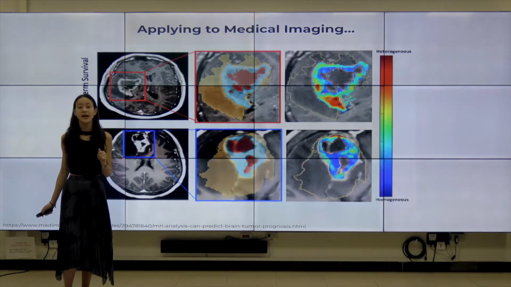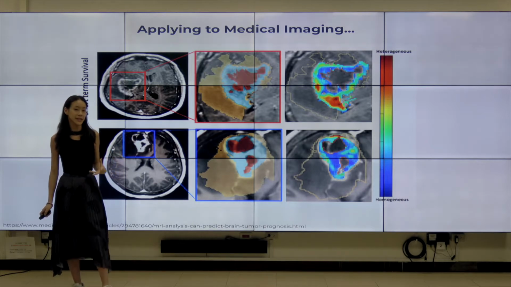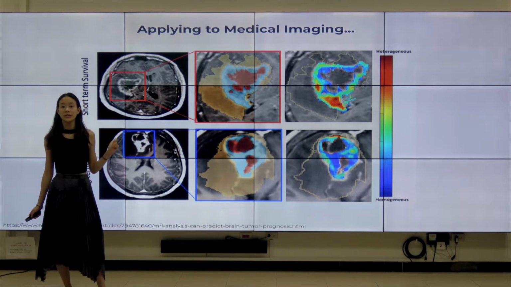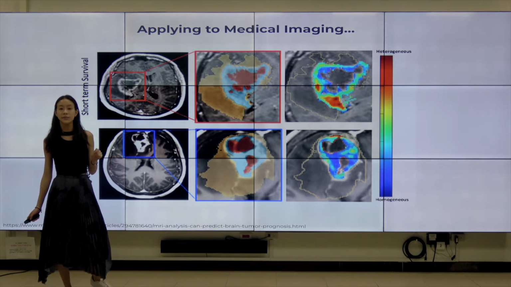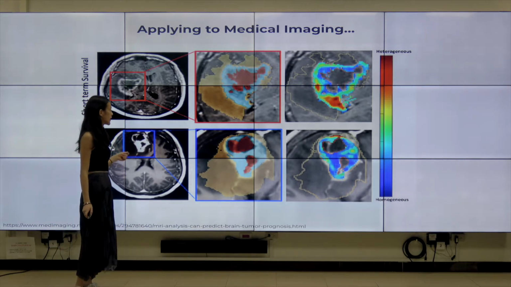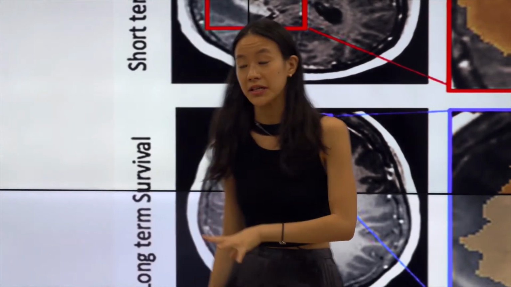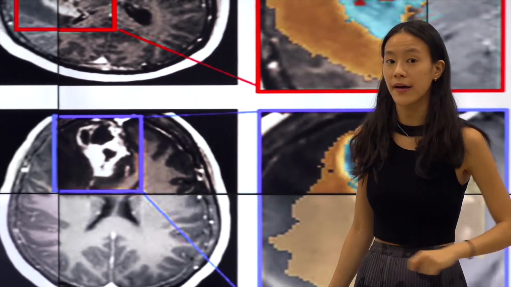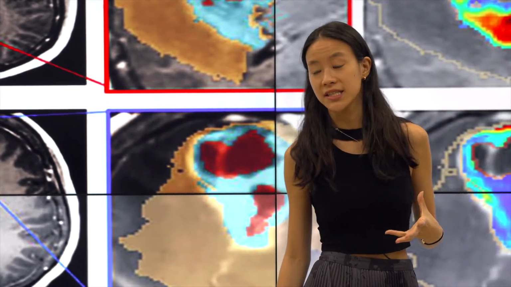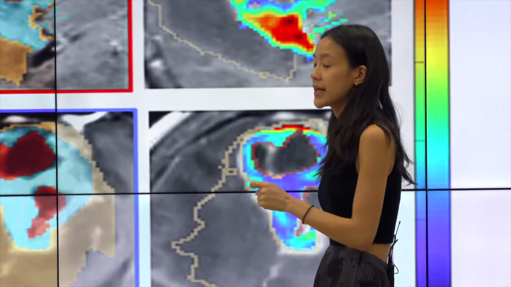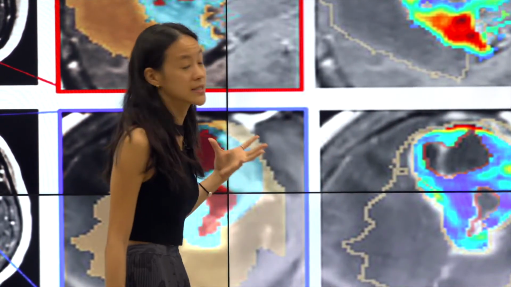Applying all the explanations I talked about before to medical imaging, this is an example of what it looks like when we use medical imaging for prognosis. As you can see in this image, we have short-term survival or long-term survival, as we talked about before, so life expectancy. These survival expectations are dependent on how we analyze these medical images or MRI images.